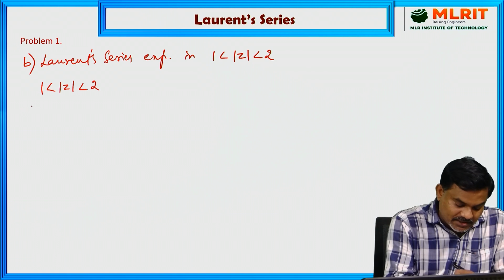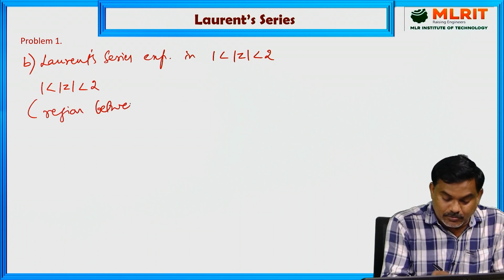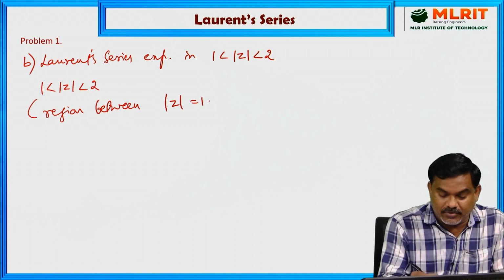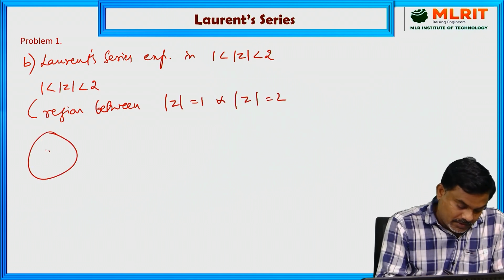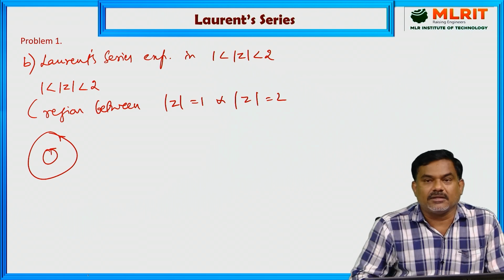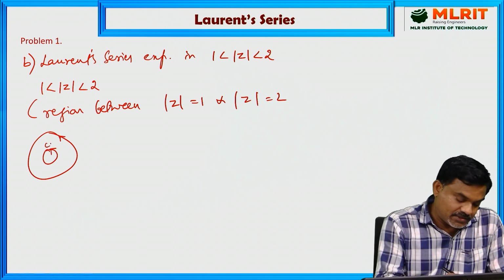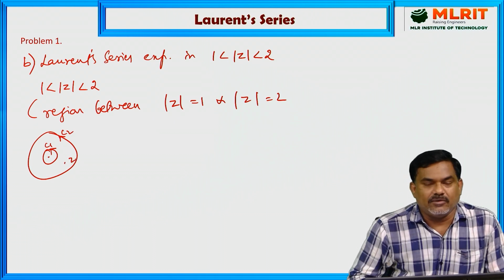That means this is the region between the two circles mod z equal to 1 and mod z equal to 2. So here we can consider two circles, one with radius 1 and the other with radius 2. So this C1, C2, and here some point in the annulus region.